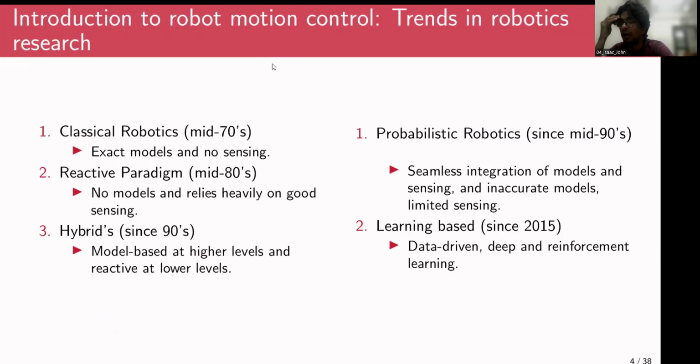So we can model this error as a distribution and thus accommodate those errors. So with seamless integration of models and sensing, we can take inaccuracies in modeling and inaccuracies in sensing into account.